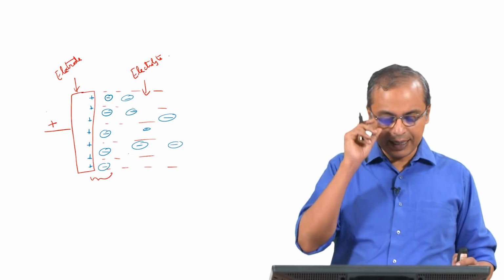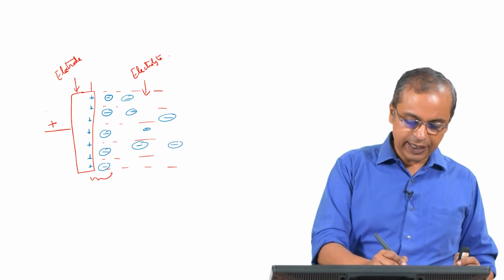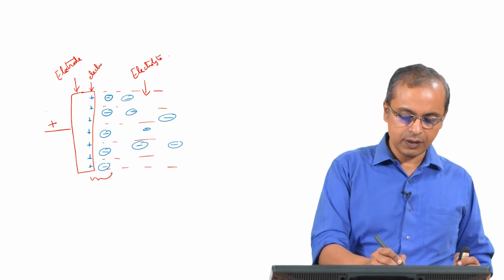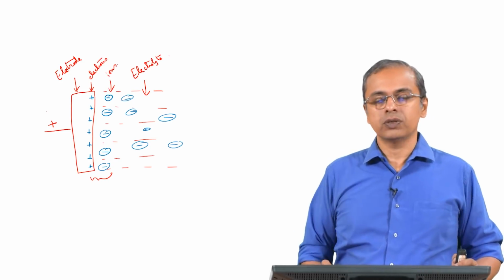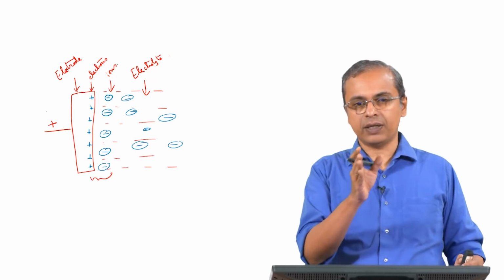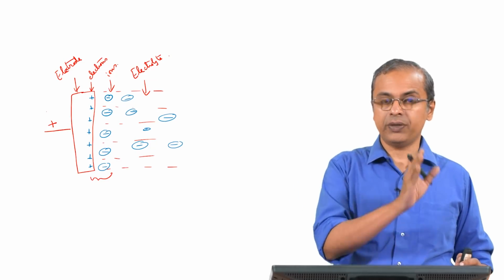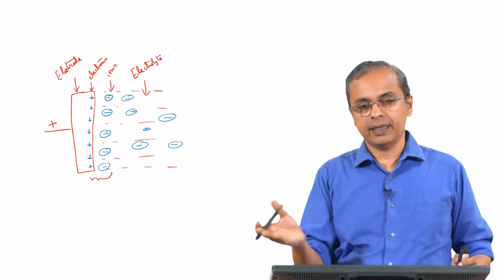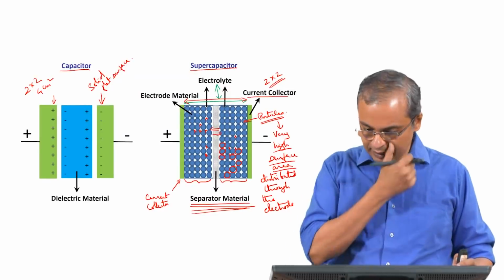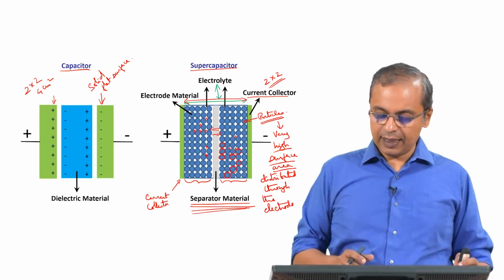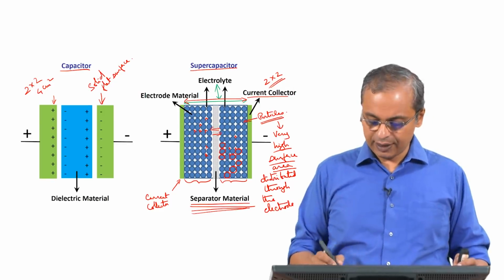And you should also notice that on one side of the electrode electrolyte interface, on the electrode side you have electrons, on the electrolyte side you have ions.